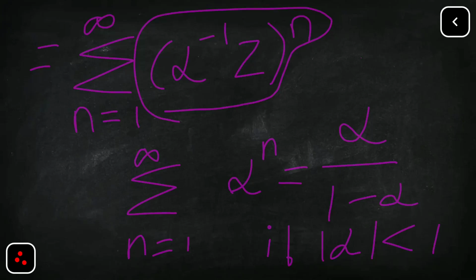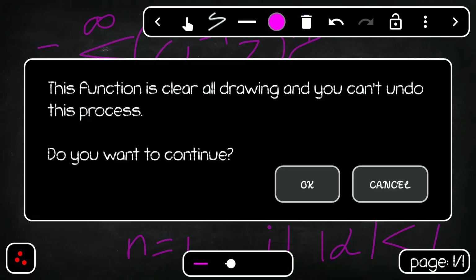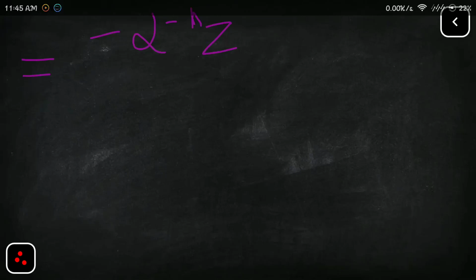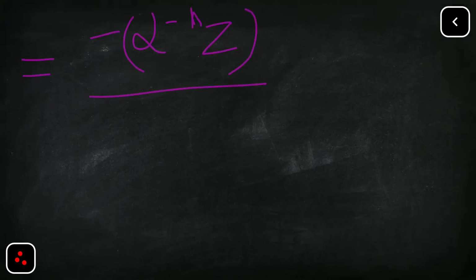If you use this formula directly, what is the resultant that you get? The resultant would be minus alpha to the power of minus 1 z divided by 1 minus alpha to the power of minus 1 z.